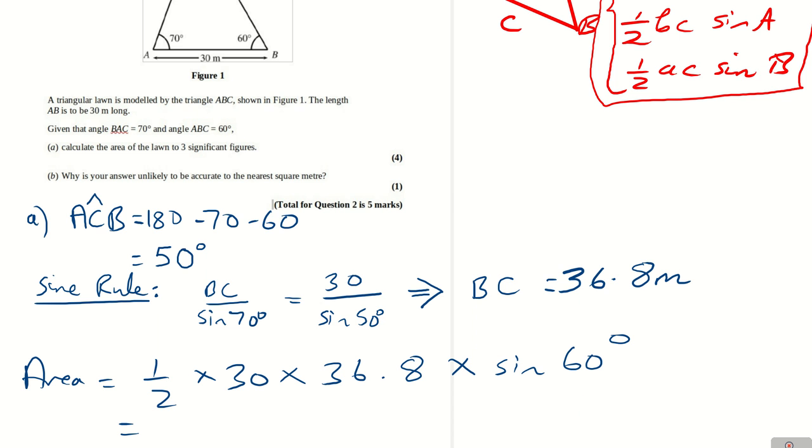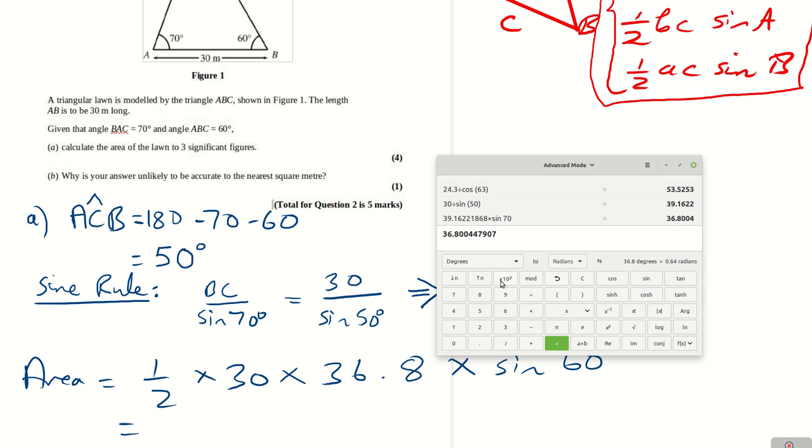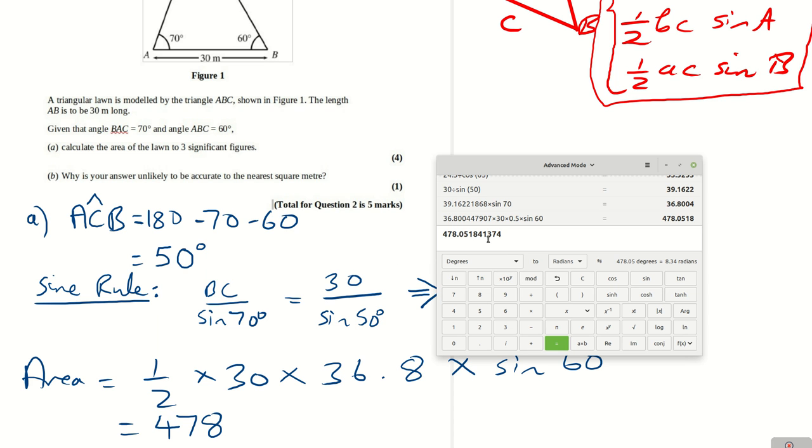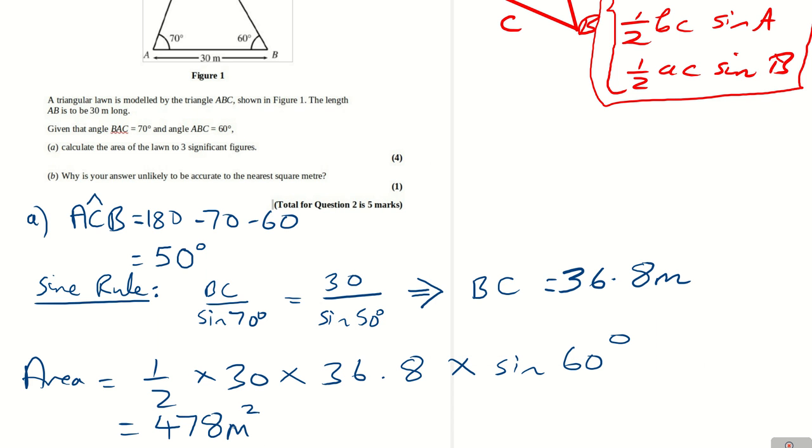So 36.8 times 30 times 0.5 times sine of 60 equals, and we get the answer 478.05, so to three significant figures, that is 478 square metres.